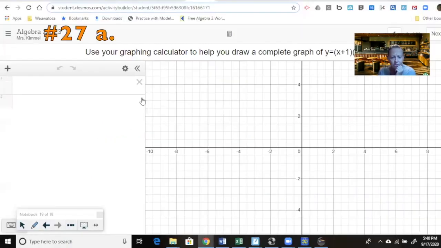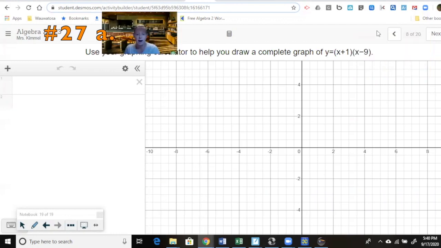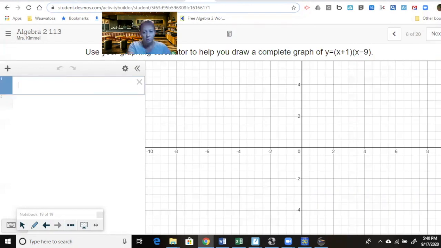Okay, use your graphing calculator to help you draw a complete graph. This is where you need to use the computer to type here into the function. So you need to copy that equation into the calculator. So y.